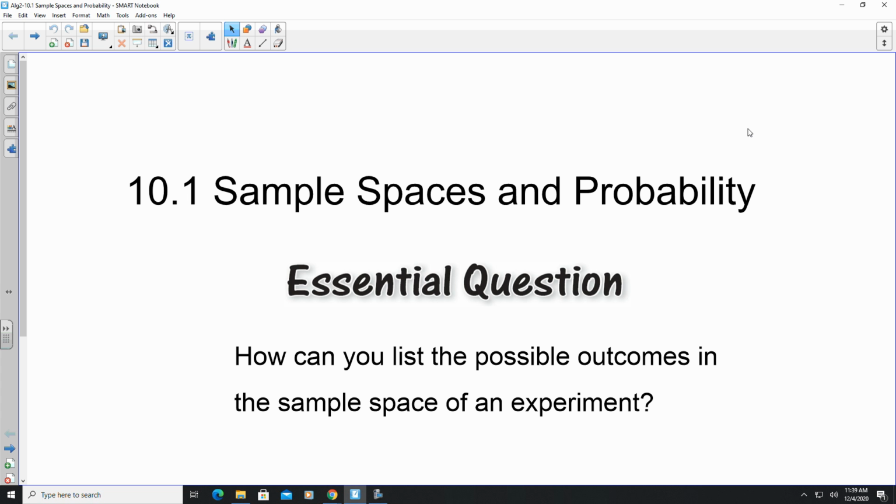Mainly what we're going to be looking at in this lesson is being able to use sample spaces to help us make conclusions for probability. So with that, let's take a look at some examples.